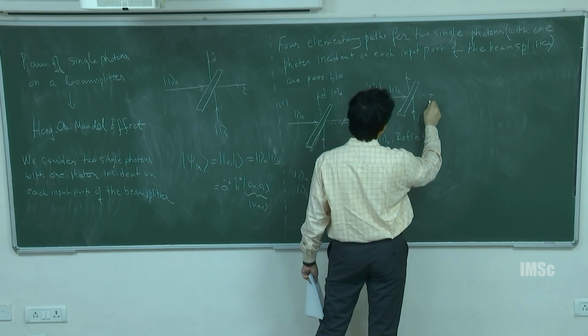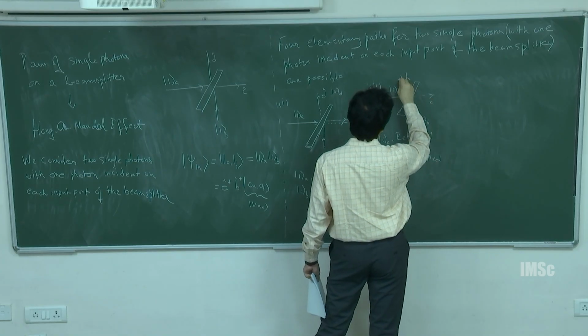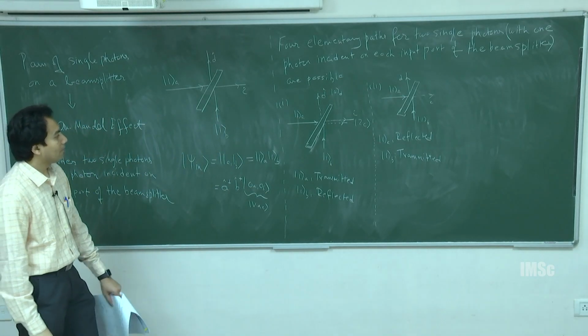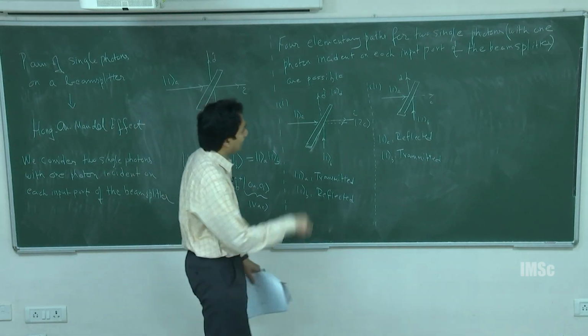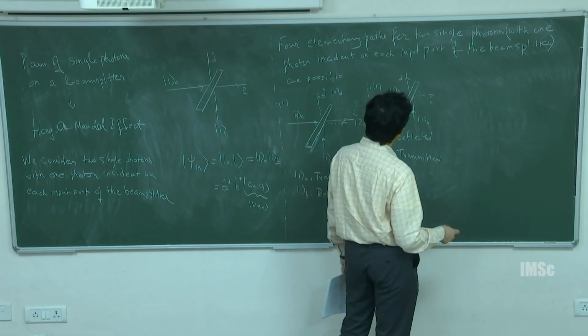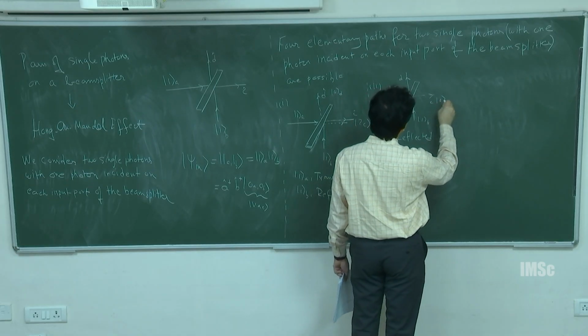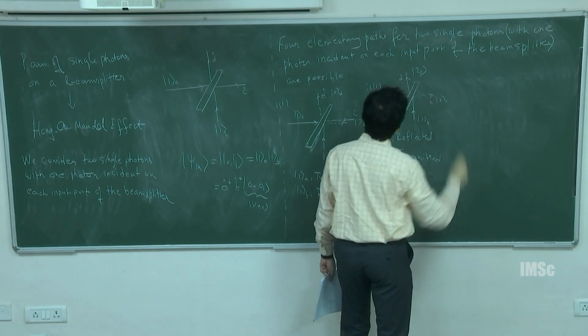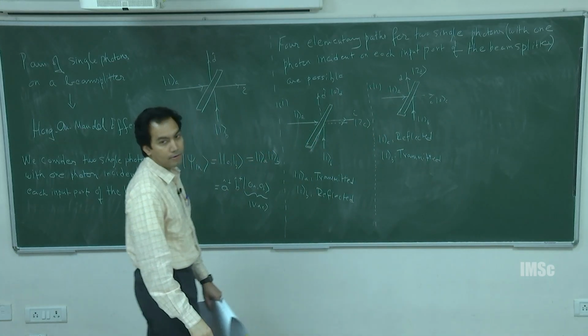So what comes out of C? Nothing. So vacuum here, and both the photons exit through port D.